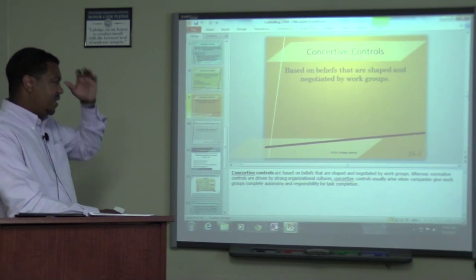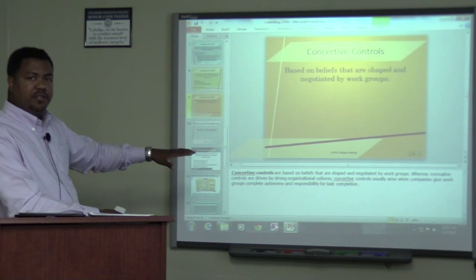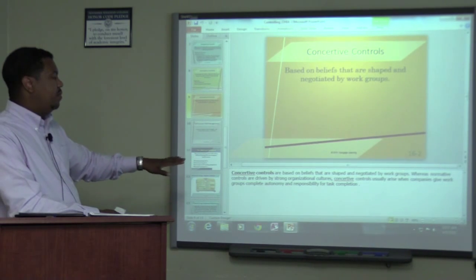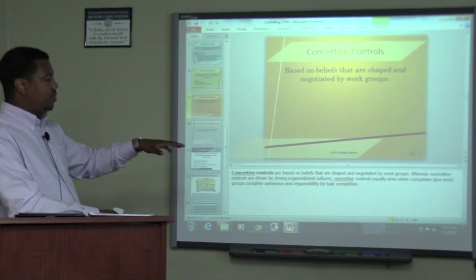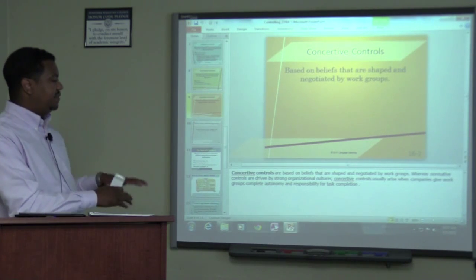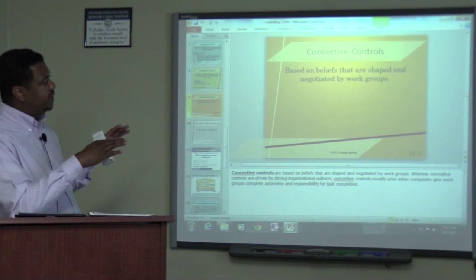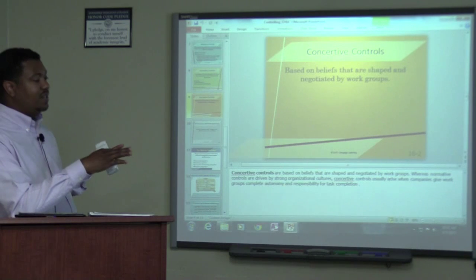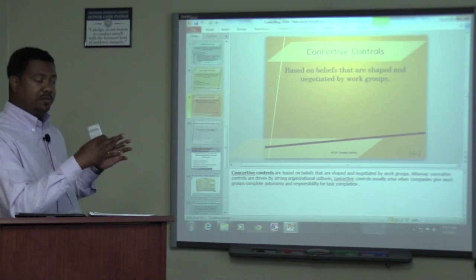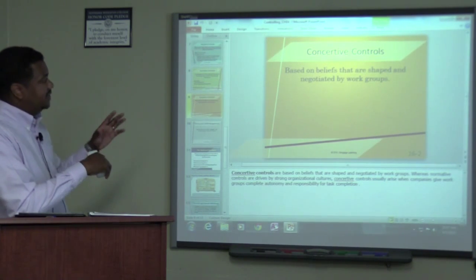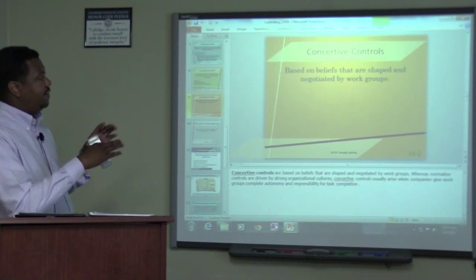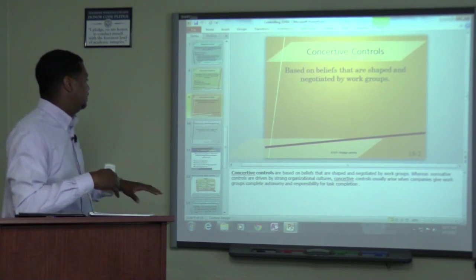This is a good way to think about giving your team members an opportunity to think about what controls we can put in place, even though we have a significant amount of autonomy, but you're giving that particular group the ability to negotiate control systems to be effective in the organization. This is definitely important when you start having individuals work in group settings.